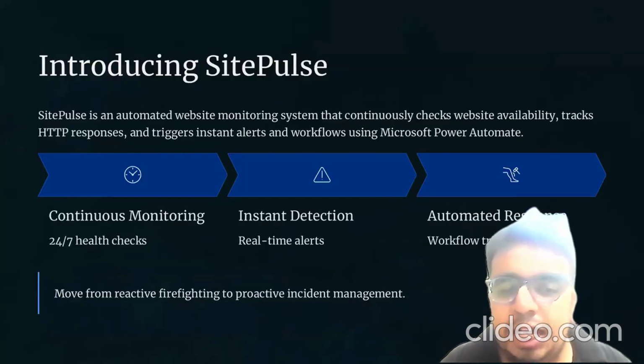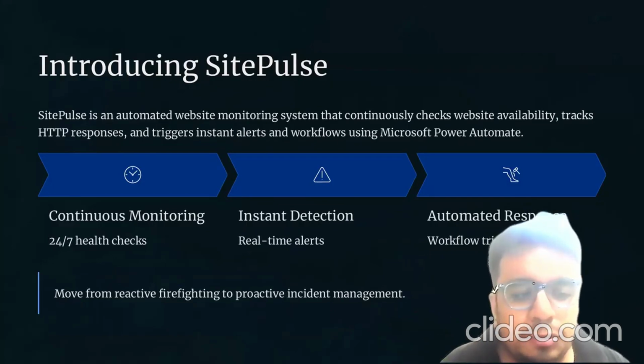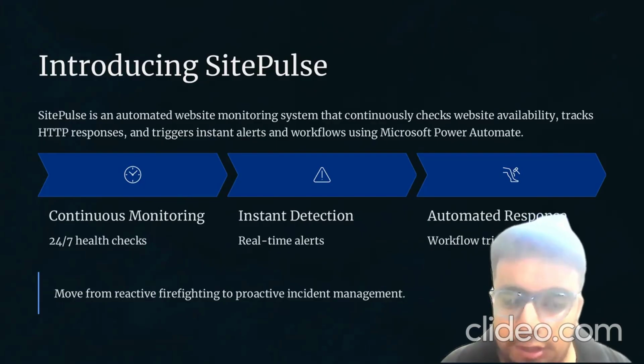Introduction to Site Pulse. Site Pulse tracks using triggers and responses with HTTP or HTTPS, and there are many triggers which we can use. We have continuous monitoring, instant detection, and automated response.